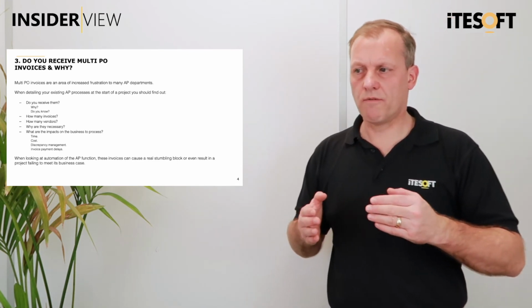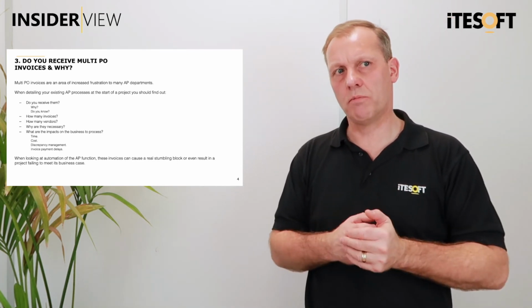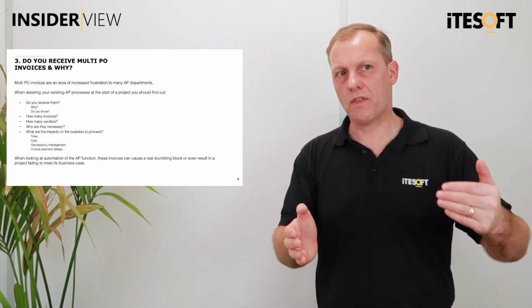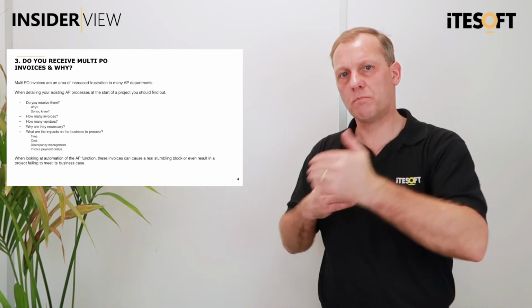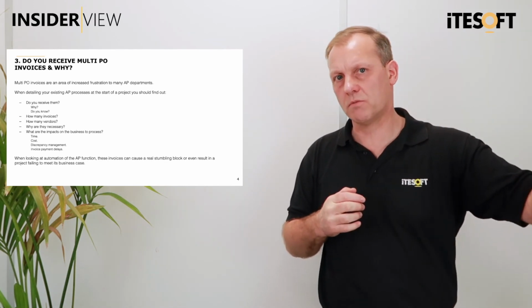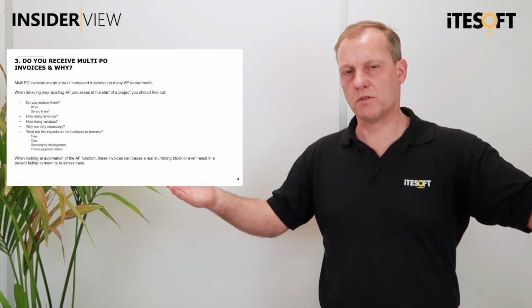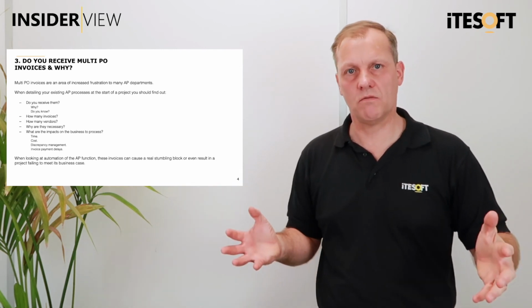Why would you set yourselves up for failure without taking some of these aspects into consideration? You could deal with this either from a supplier perspective or from an automation perspective. It might even be a combination of both.